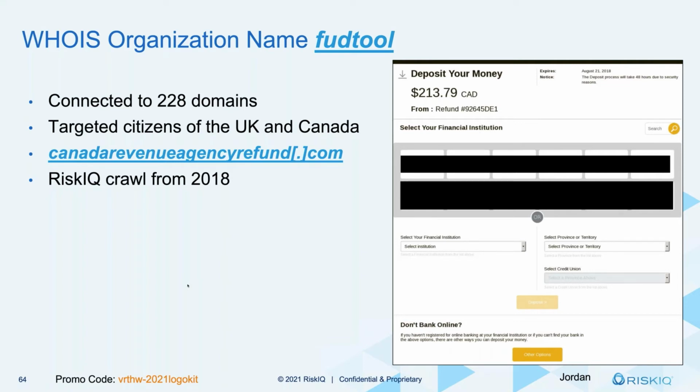Right. Returning to our PassiveTotal data, there's a whois organization name, FundTool. We were able to connect that to another 228 domains. That's targeting, or was targeting, citizens of the UK and Canada, such as Canada Revenue Agency Refund.com. This is a RiskIQ crawl from 2018, and they're just trying to get you to give up your financial information with a lure that says you're up for a tax refund.